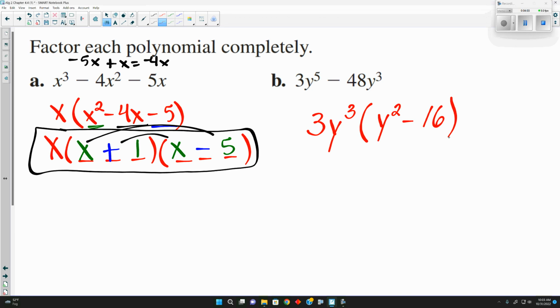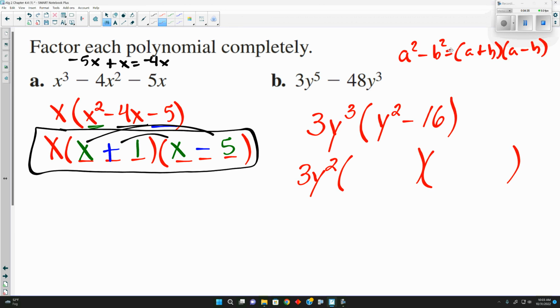Can we factor y squared minus 16? What is it? It actually has a special name. It is a difference of perfect squares, because y squared is y times y, and 16 is 4 times 4. This is one of the ones that I think y'all like better than the rest, because this is talking back to a squared minus b squared, which is a plus b times a minus b.